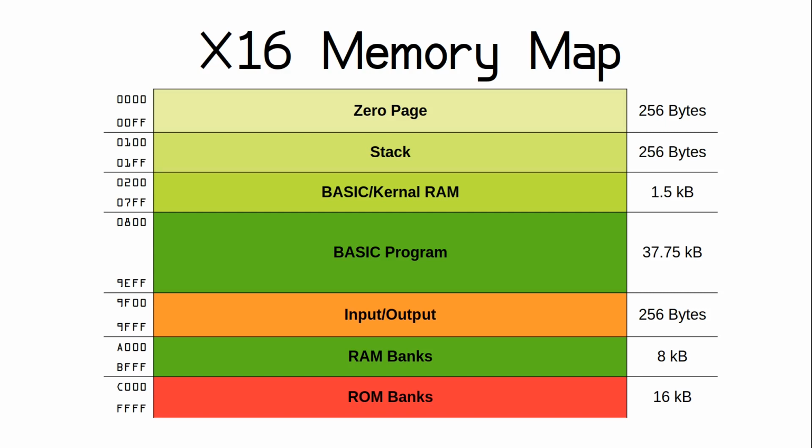And then we have a segment of RAM from hex 0200 to hex 7FF. And that is a segment of RAM that is used by both the BASIC interpreter and the kernel. Now, if you are writing an application in assembly language, you don't need the BASIC interpreter to be running.